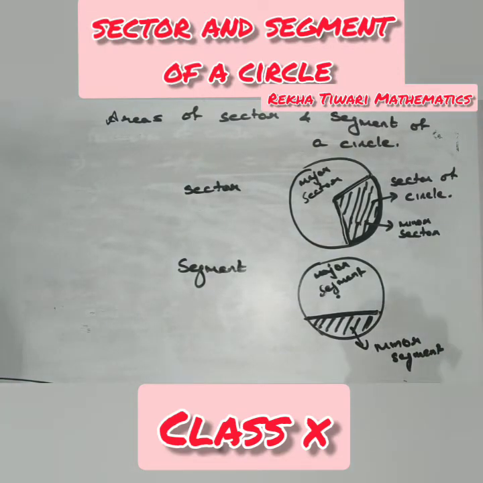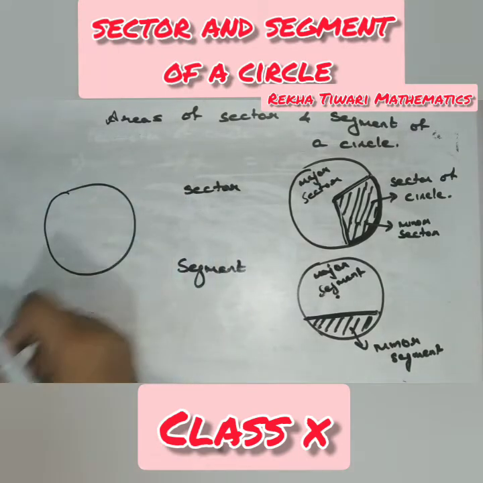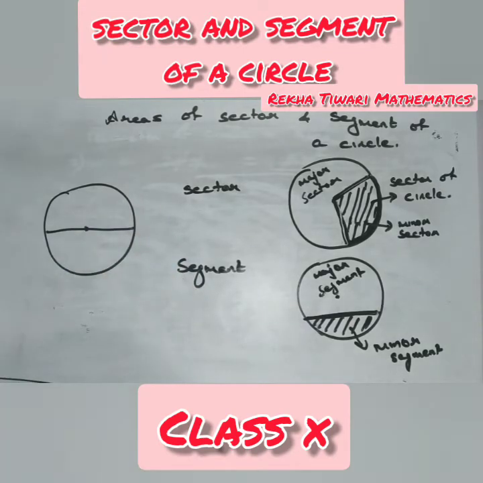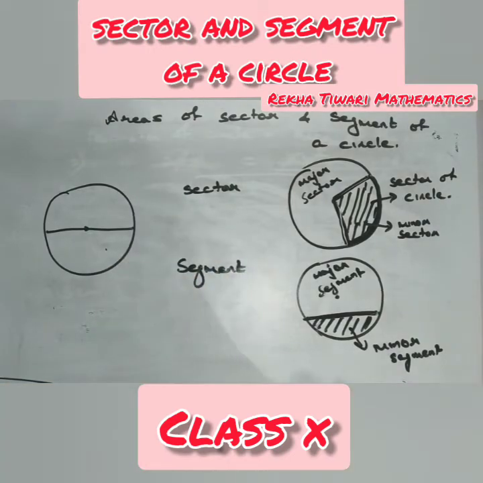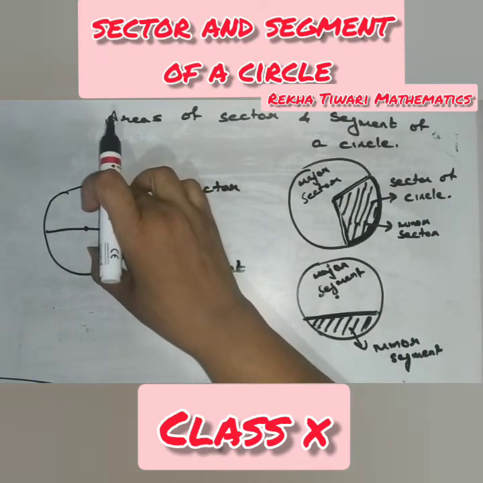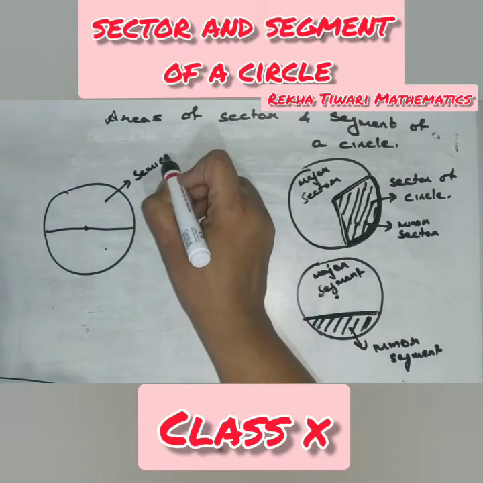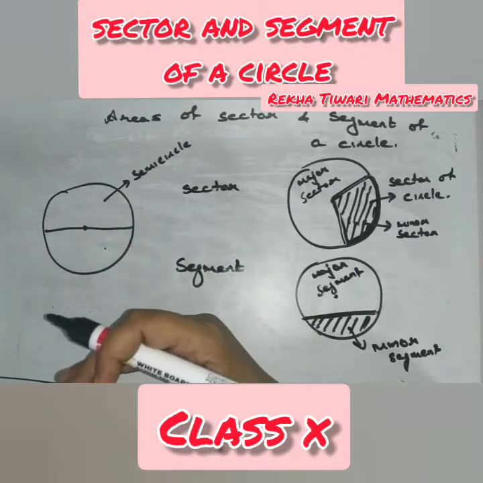Okay, one more thing which I want to tell you, that if this is the circle and if I draw a diameter in between, what do you call these two parts? These are half of the circle and they are called the semicircle. Because the diameter divides the circle into two equal parts.